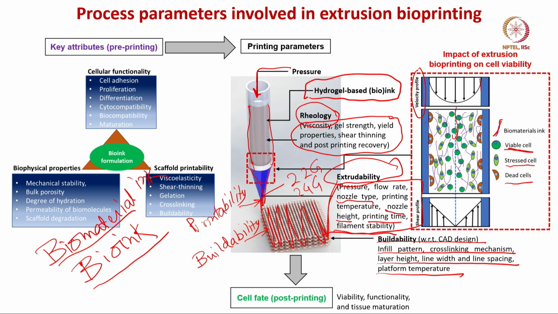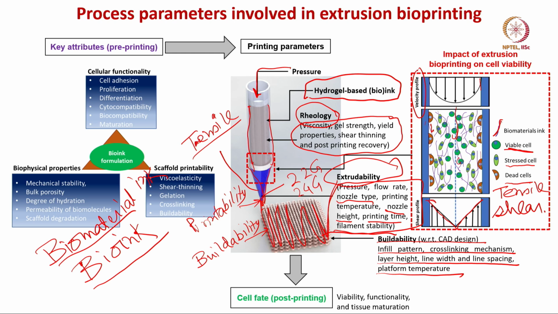What is predicted here, and perhaps one has to find out computationally, is what the stress profile and stress level are, and what kind of stress, is it tensile stress or shear stress. For example, here the cells will experience more like a shear. The moment it goes through this nozzle, here it is more tensile or extensional stresses that the gel will experience.